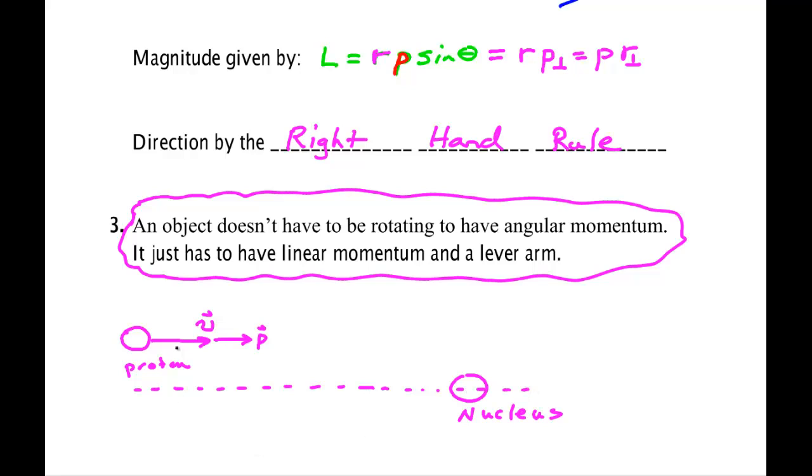Then it has some L, because it is not exactly on the same line, so it has a perpendicular distance, and it has a p, so it has an L.